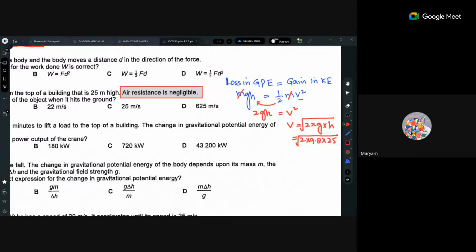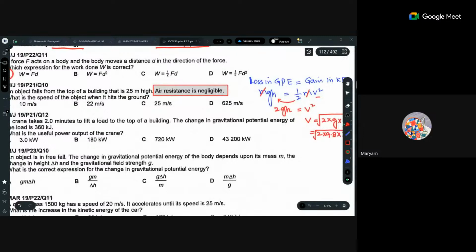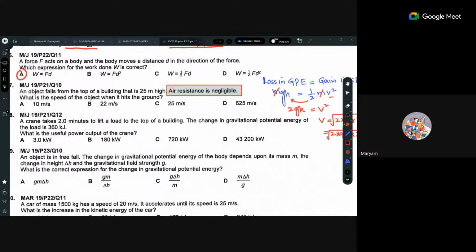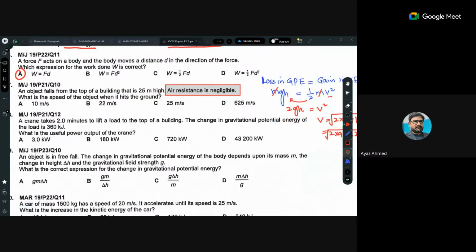Okay, 2 into 9.8 into 25. It's 22.1. So B. Nice. Tell the answer, well done. 22.1, so it is option B. Option B is correct.